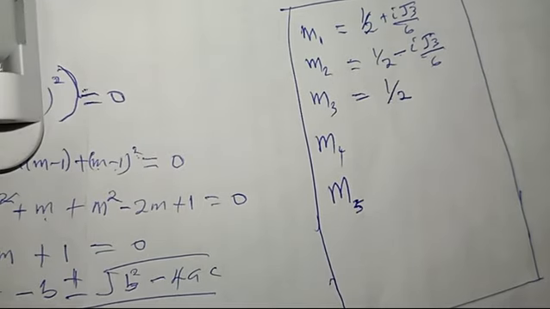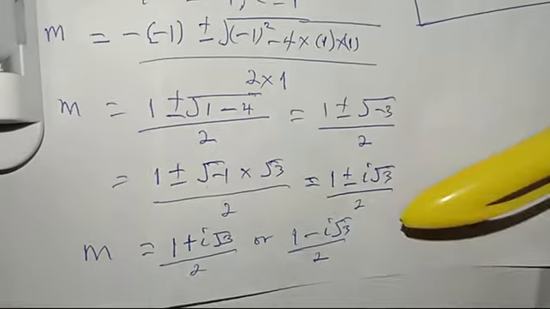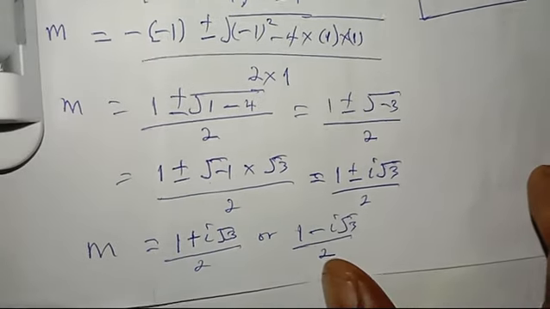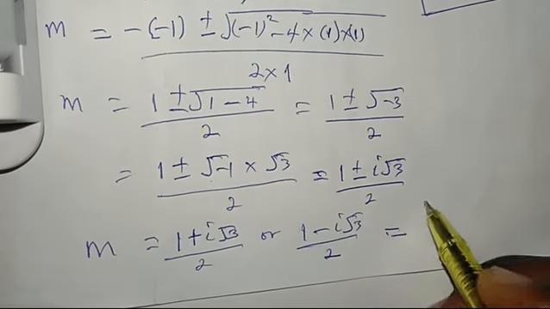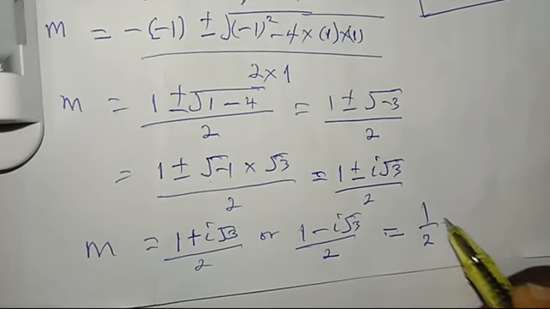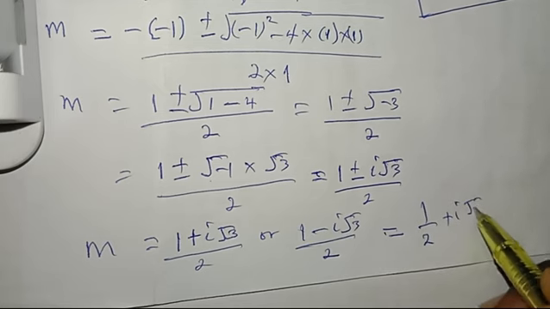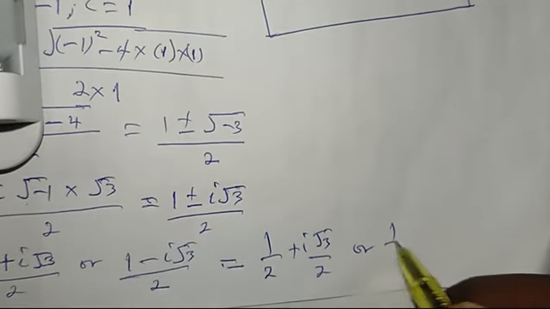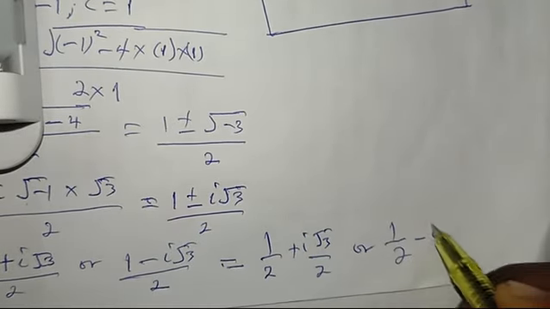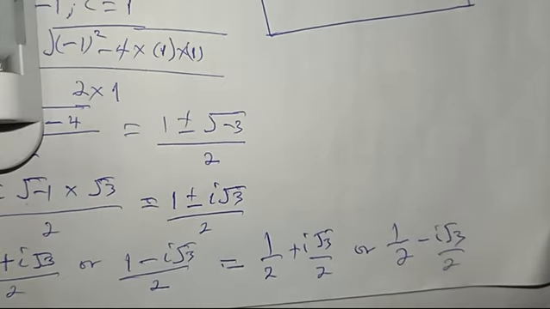And then finally, the last values of m which we've got is this. Okay, so of course I can also rewrite all of this to be equal to 1 over 2 plus i root 3 divided by 2, or 1 over 2 minus i root 3 divided by 2.